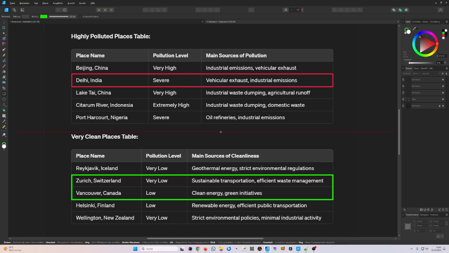For example, I have asked ChatGPT to list me some places which are really highly polluted, and in this example I will use Delhi in India, and in contrast very clean places, well, only in relation very clean, for example Zurich and Vancouver in Canada.